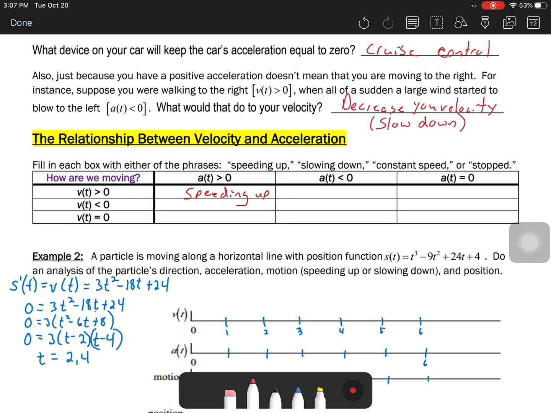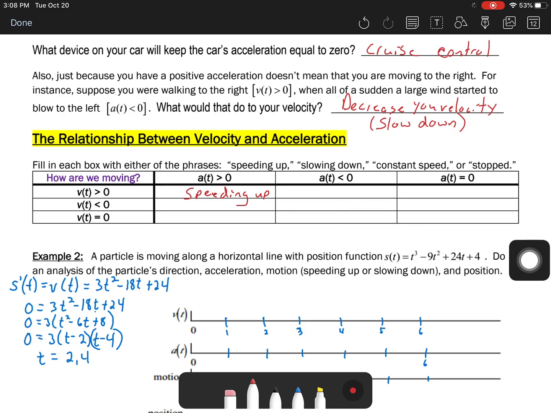Now, in the next one, we're going to keep going across here. I've got positive velocity, so moving to the right. Now my acceleration is actually toward the left. It's like what we just said: you're walking or running to the right, but the wind is blowing back to the left, so it's slowing you down.